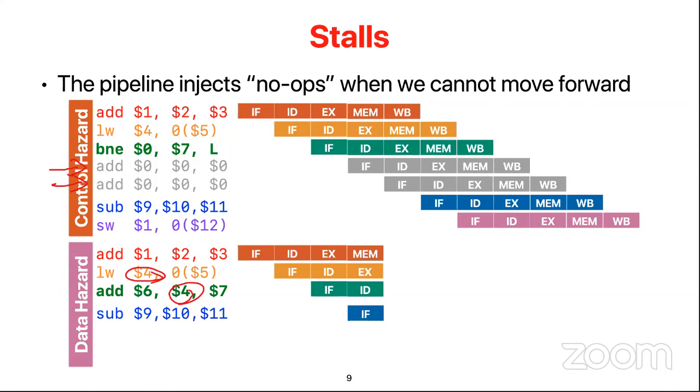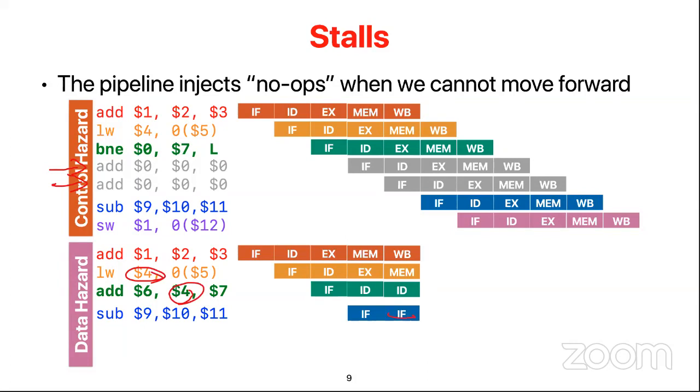The load instruction can only generate its outcome after the memory stage. When the load instruction is in the memory stage, the add instruction is not going to receive its correct value anyway. So we just force the add instruction to stay at the same stage. And because the add instruction stays at instruction decode, the sub instruction cannot be advanced.